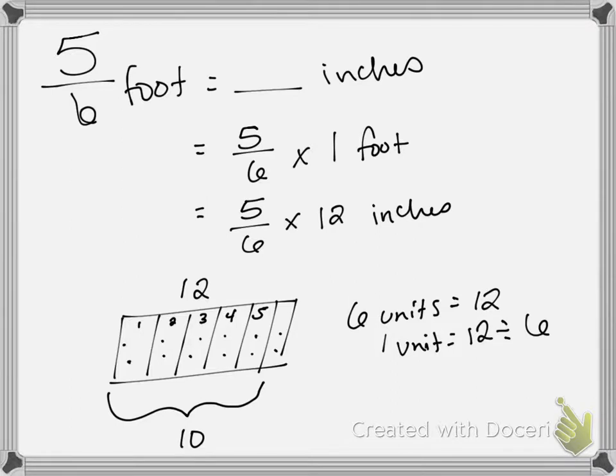Because remember, we're finding 6 groups. How many groups of 6 are in 12? And then that equals 2. And then there's 5 groups. 2 5 times is 10. Again, we can use a tape diagram on every single question. That's what I'm trying to show the kids.